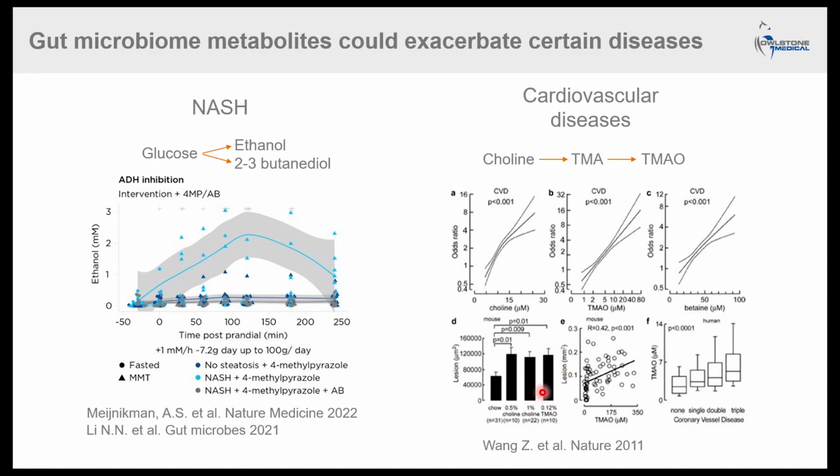We can see that actually all of the compounds in the pathway, choline, trimethylamine and trimethylamine N-oxide, are involved in this increase in cardiovascular lesions.